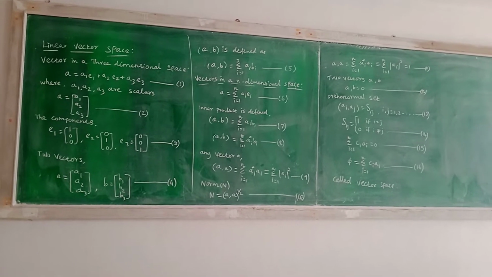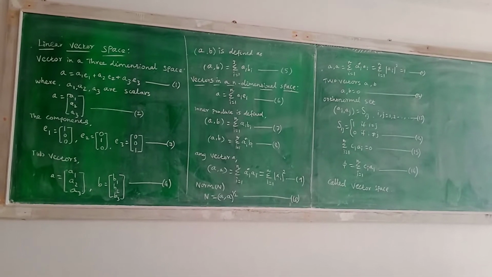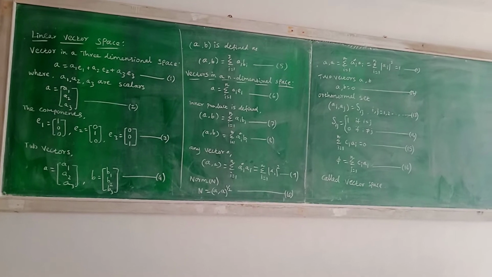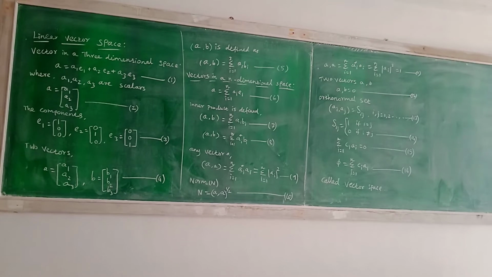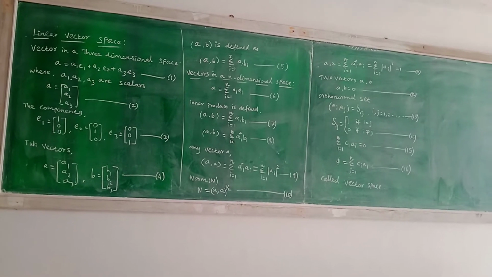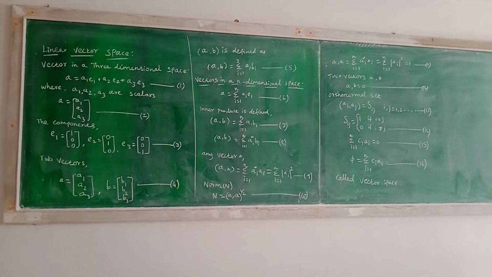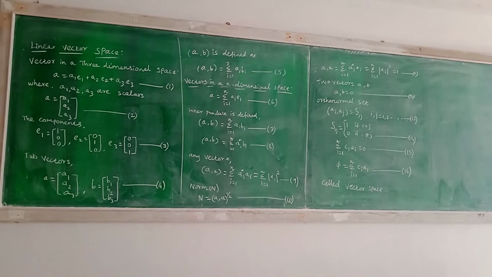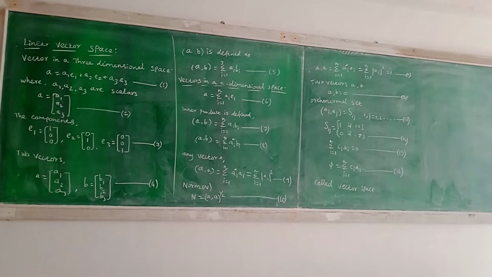The unit vectors e1, e2, e3 are said to form a basis for the set of all vectors in three dimensions. We say that e1, e2, e3 form an orthonormal basis. The scalars a1, a2, a3 in equation 1 are the components of A in the basis e1, e2, e3.